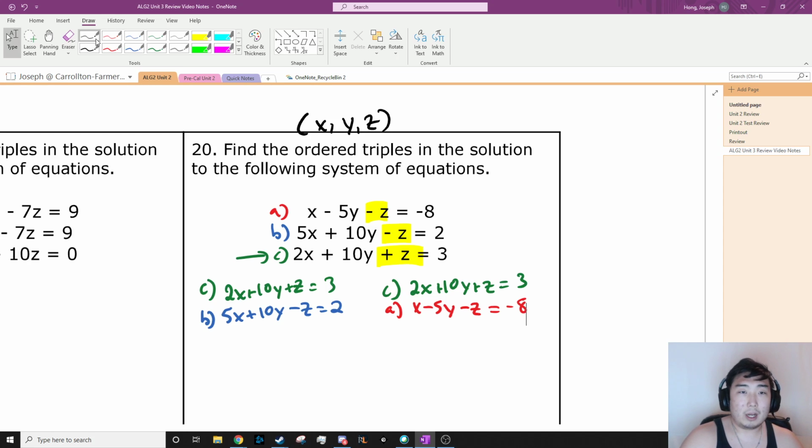And the reason why I want to use equation C is because when I use elimination, I'm going to be adding them.